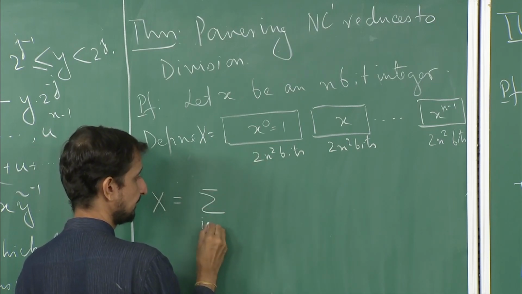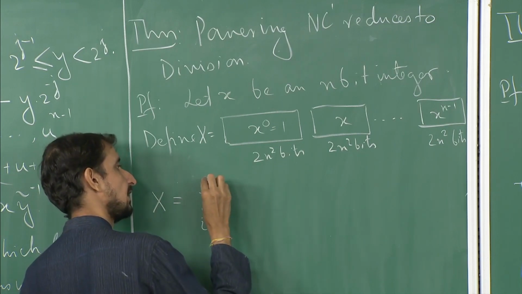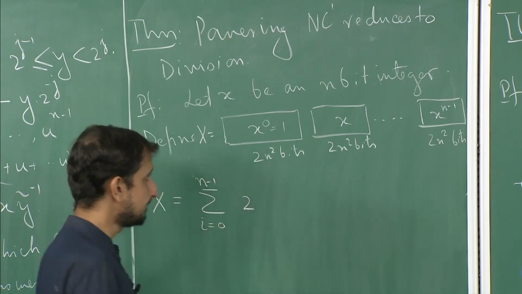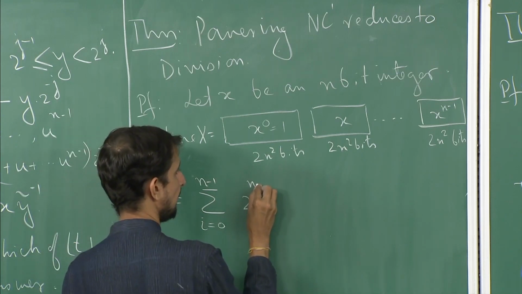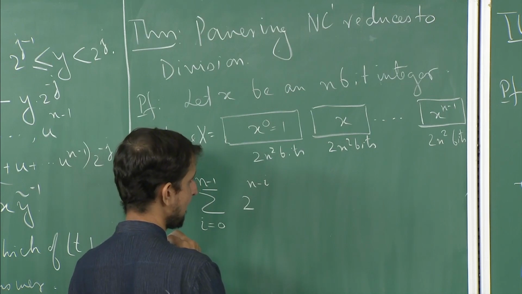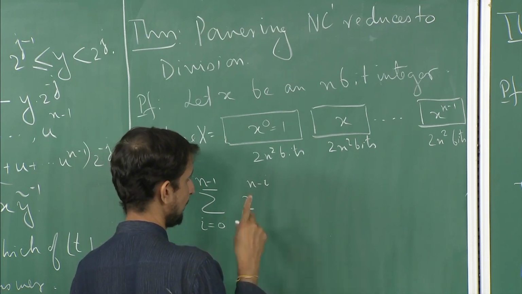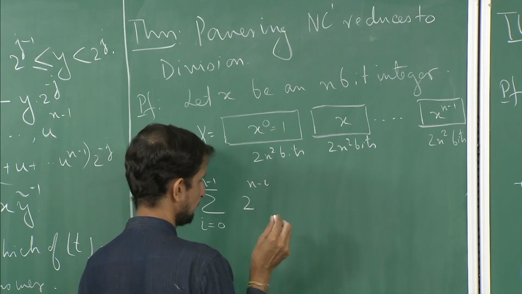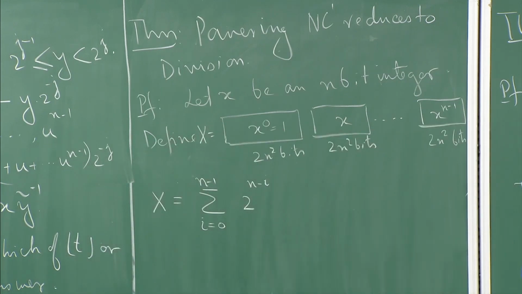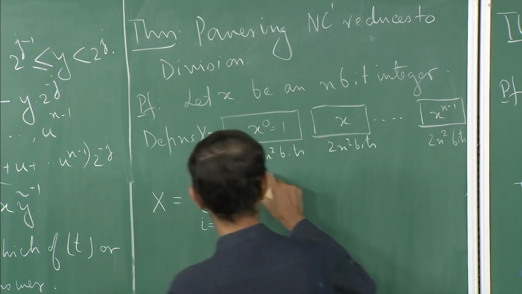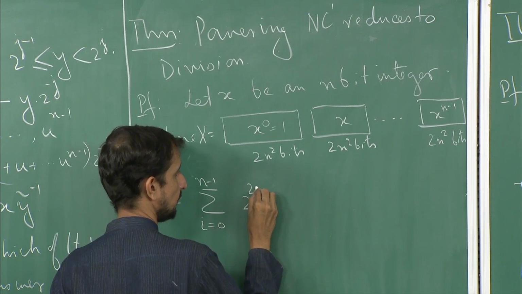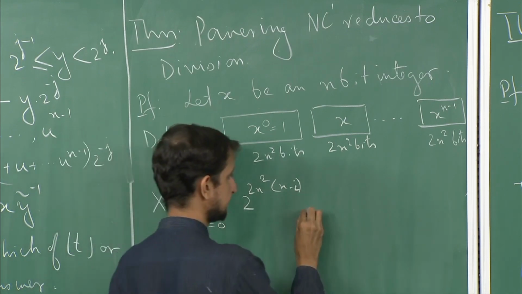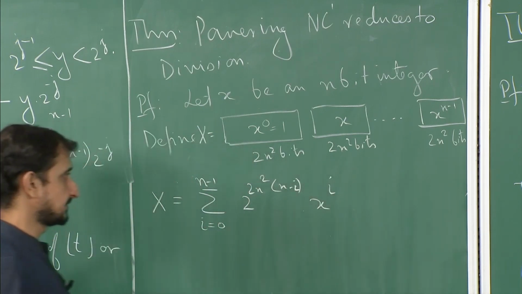X is nothing but the sum over i equal to 0 up to n minus 1, with a scaling factor 2 to the power 2n square into n minus i, times x to the power i.